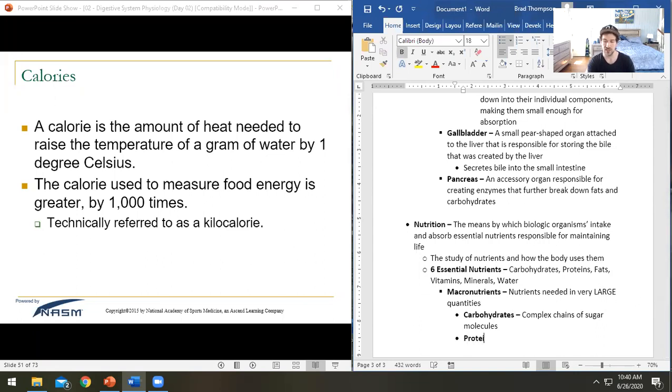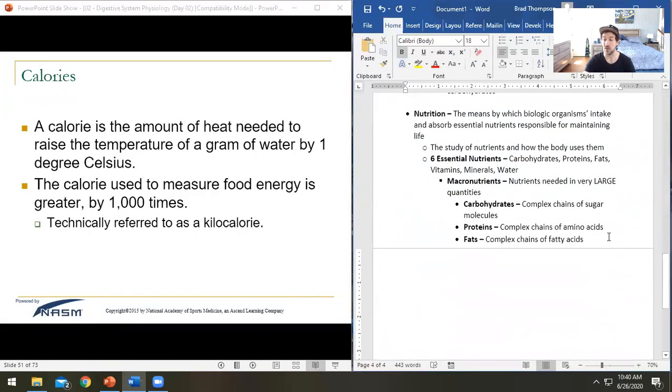Then you've got proteins, which are complex chains of amino acids. And you've got fats, which are complex chains of fatty acids, okay? So that's what we're talking about when we talk about proteins, fats, and carbs. They are macronutrients. When you hear somebody say, like, you know, you got to get your macros in line, that's what they're talking about.